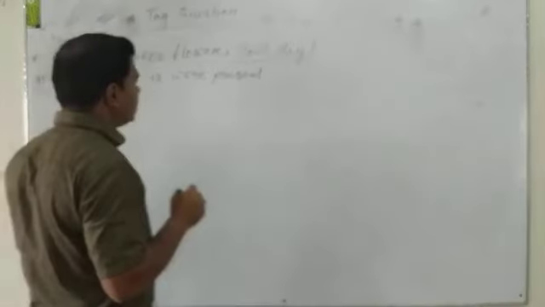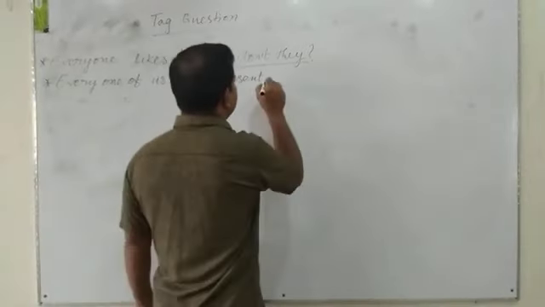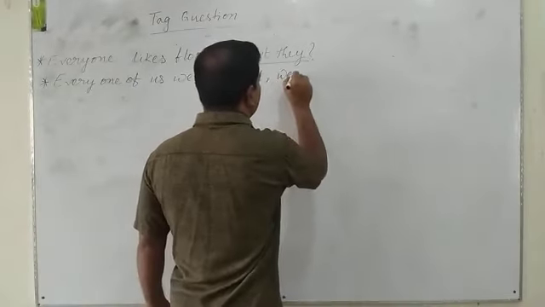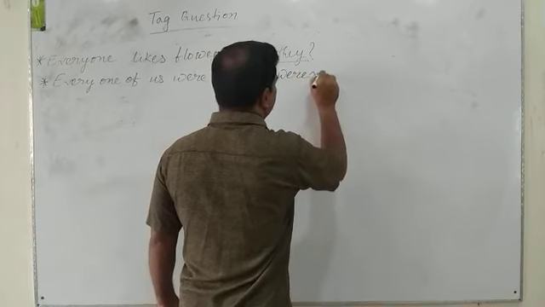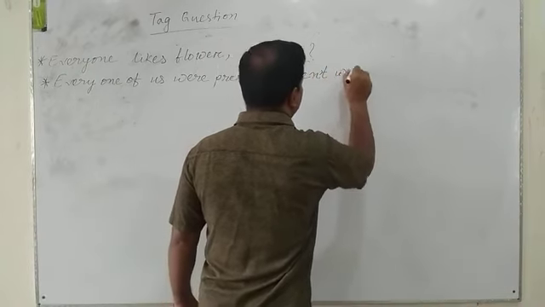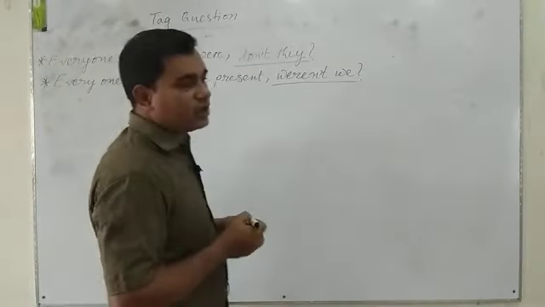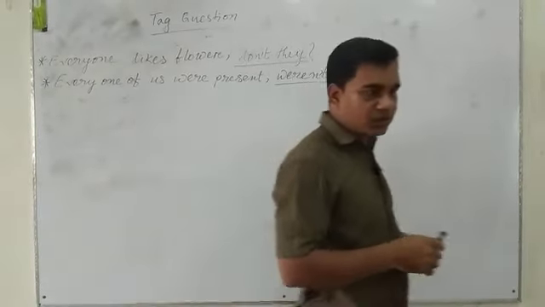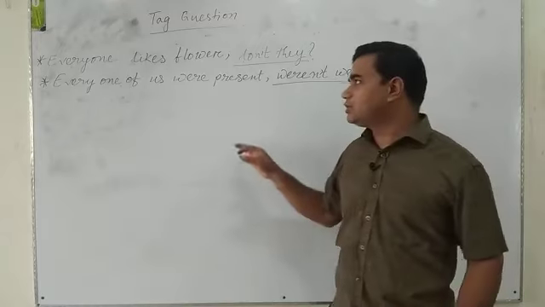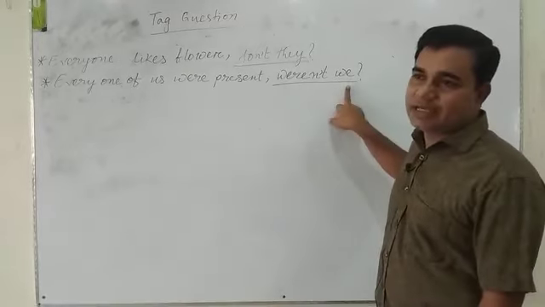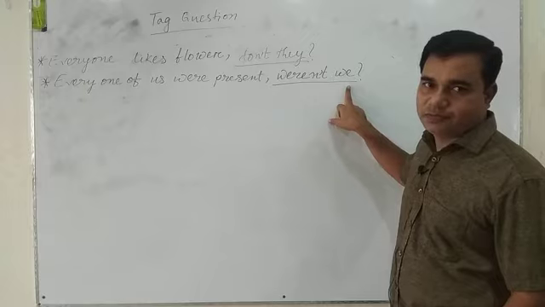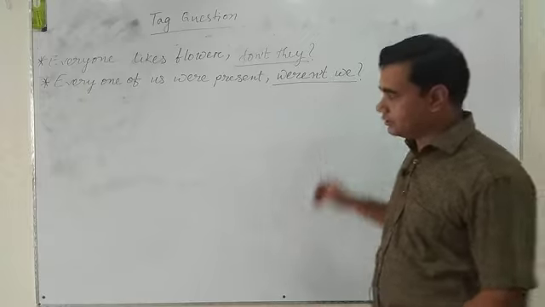"Every one of us were present. Weren't we?" For every one of us, all of us, some of us, most of us, we will use we as the subject of that tag question.